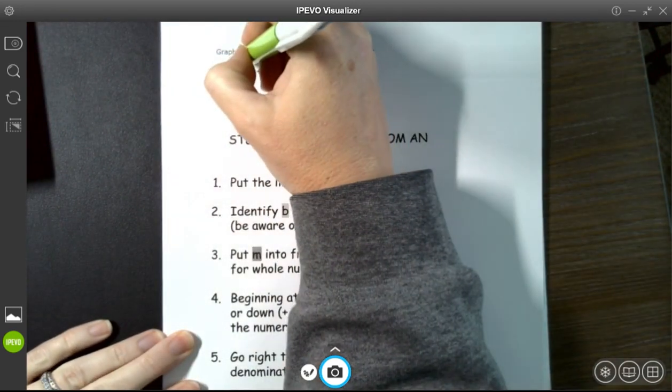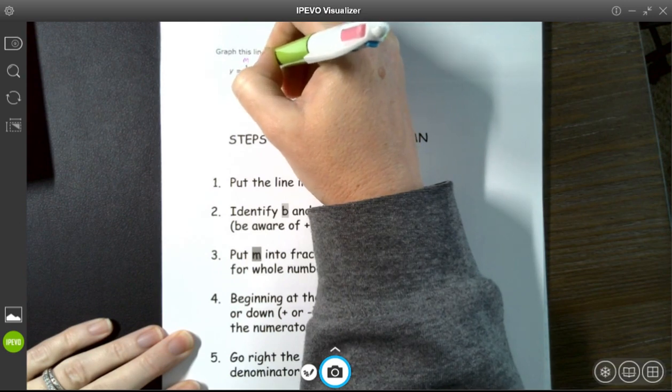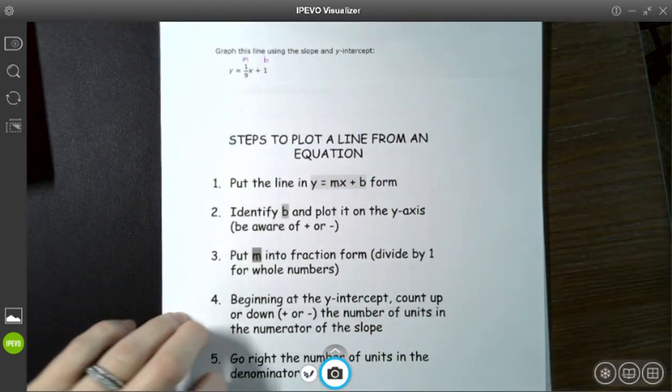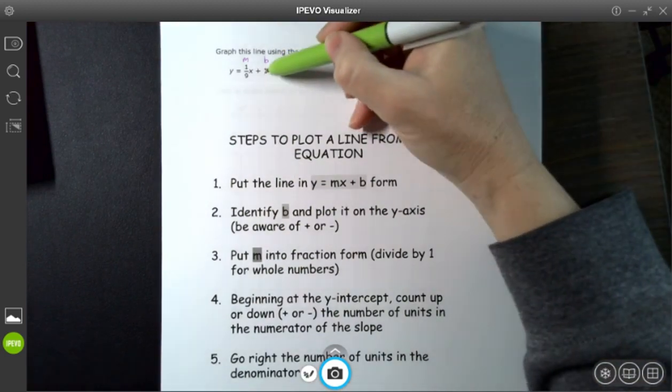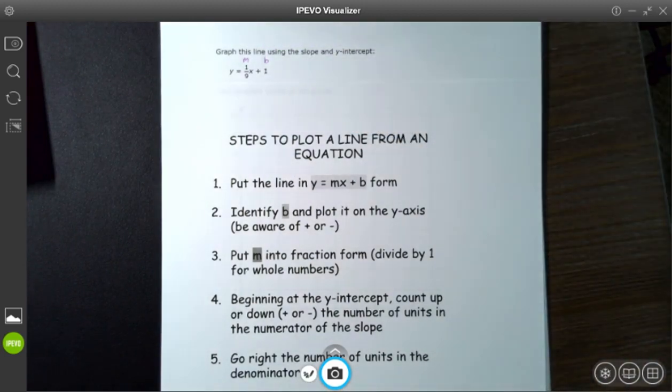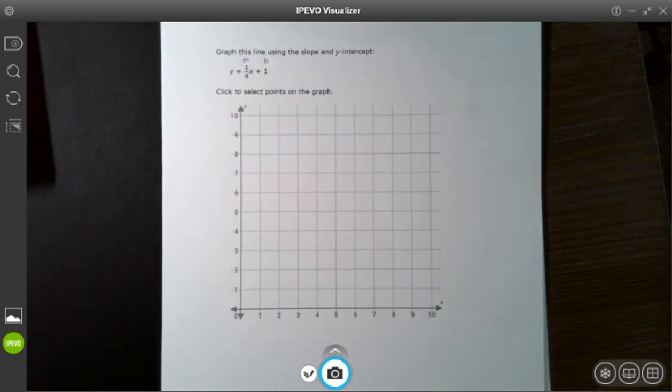All right, just to label, that's my m and that's my b. Step 2, identify b and plot it on the y-axis. We need to be aware of whether it's a positive or a negative number. Okay, so here I have b is equal to 1. So I'm going to plot that on my y-axis.